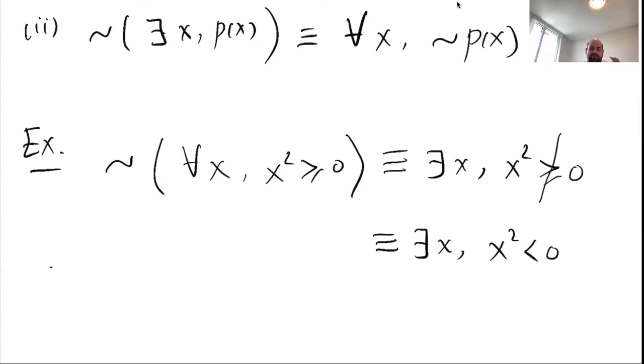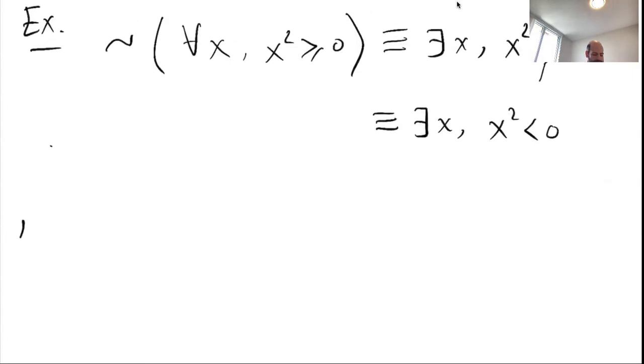One way to verify your answer is to remember that if you have a proposition P, negation P has the opposite truth value. If P is true, negation P will be false. If P is false, negation P will be true. So let me write as a remark that for each X, X squared bigger than or equal to 0 is true.